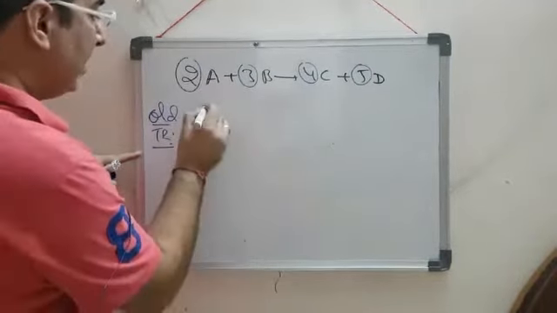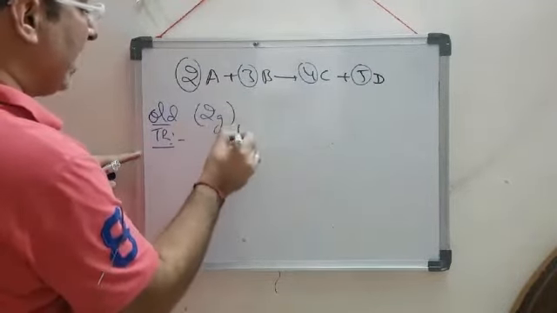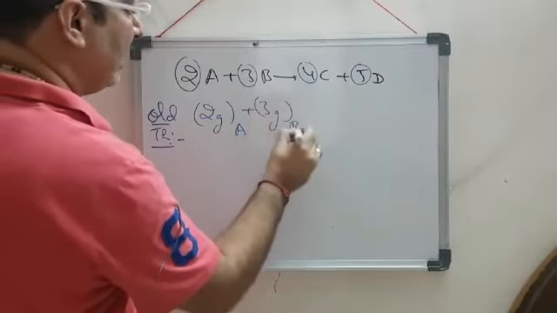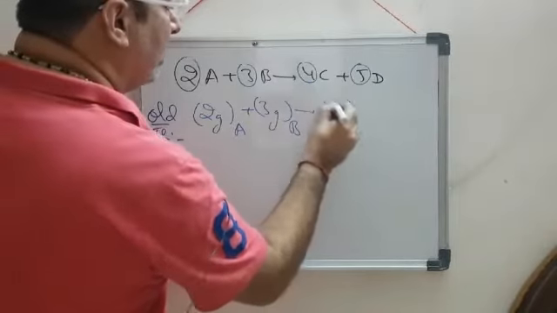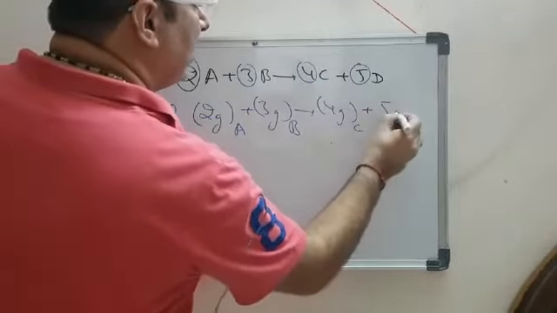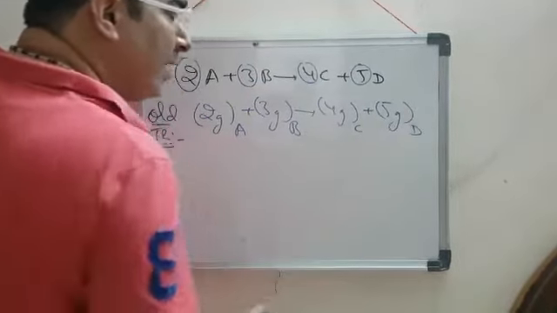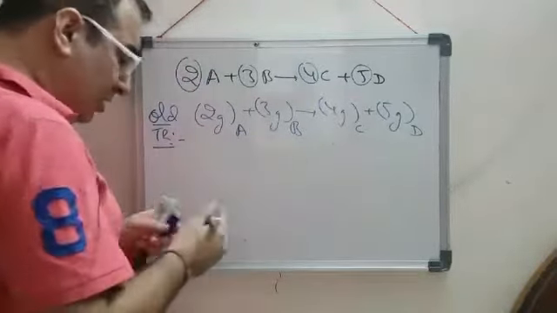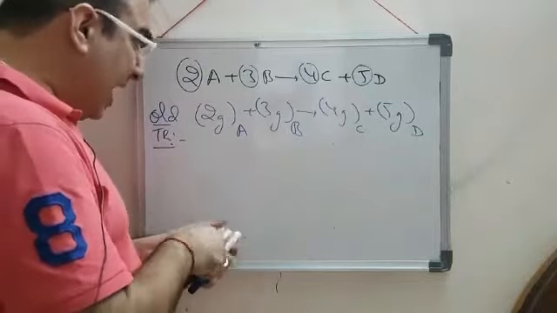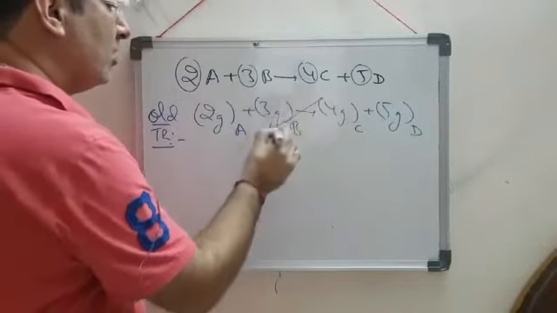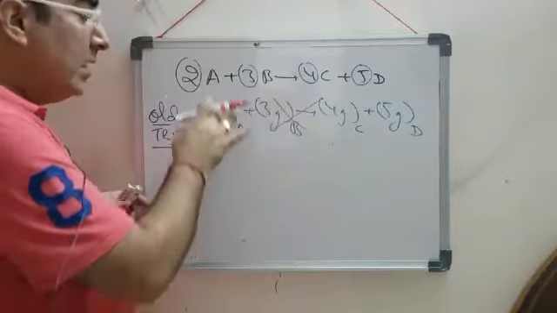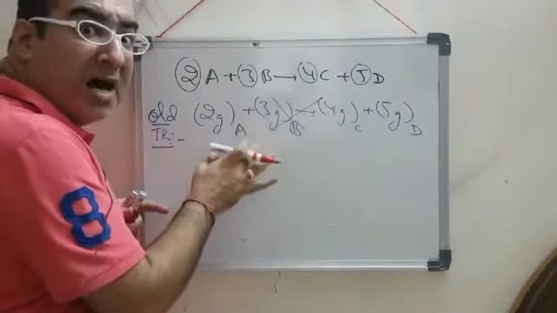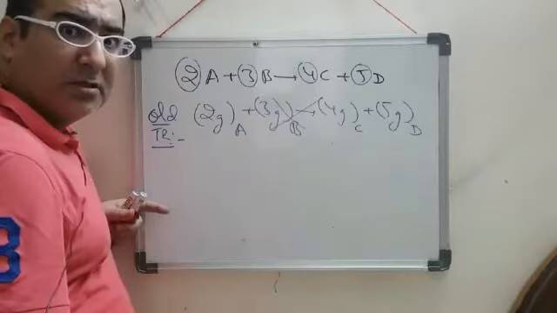It was assumed that when you mix 2 grams of A with 3 grams of B, you will get 4 grams of C plus 5 grams of D. But when you do the experiment on this reaction, you come to know that this concept is not correct. The stoichiometric coefficient does not represent the mass of a chemical substance.